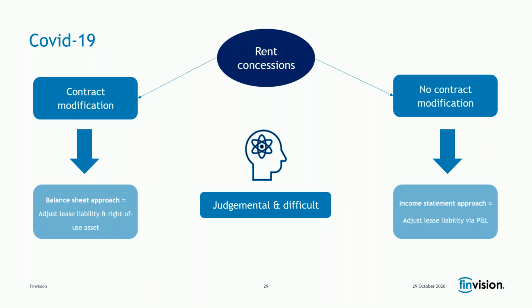If you do not have a contract modification, then you in fact have an income statement approach where you adjust the lease liability through P&L. But whether or not you have a contract modification is sometimes judgmental and difficult. And that's also why the IASB came up with a practical expedient. We'll see that on the next slide.